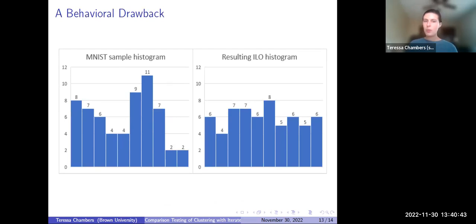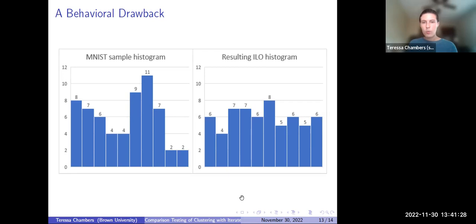There was one weird quirk that I noticed during these experiments, though. So since I was selecting which digits I was going to be trying to cluster at random, unlike my nice data set earlier, you'd often get really skewed numbers of how many of each digit were in the set. So for example, these histograms are from a case where I had 11 6s in the data set that I sampled, and only 2 each of 8s and 9s.